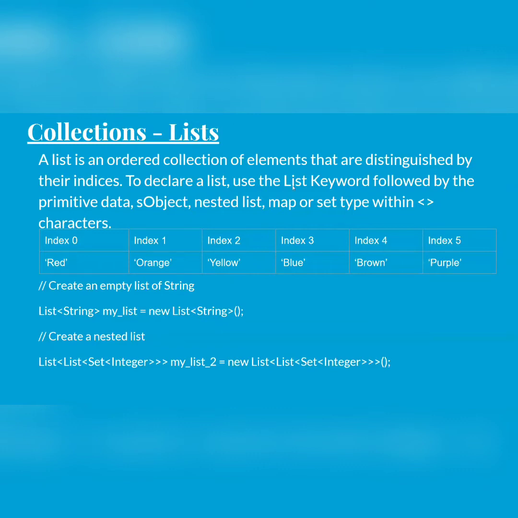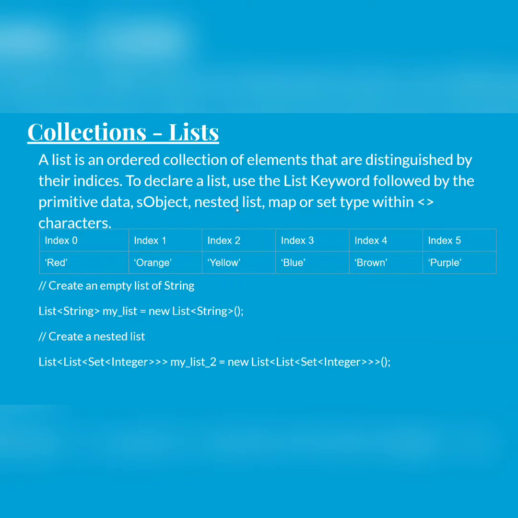To declare a list, use the list keyword. Here you can see the list keyword is used, followed by the primitive data type, whatever data type you want to use. Here it is using string, and instead of string you can have any other primitive data type. You can have sObject.